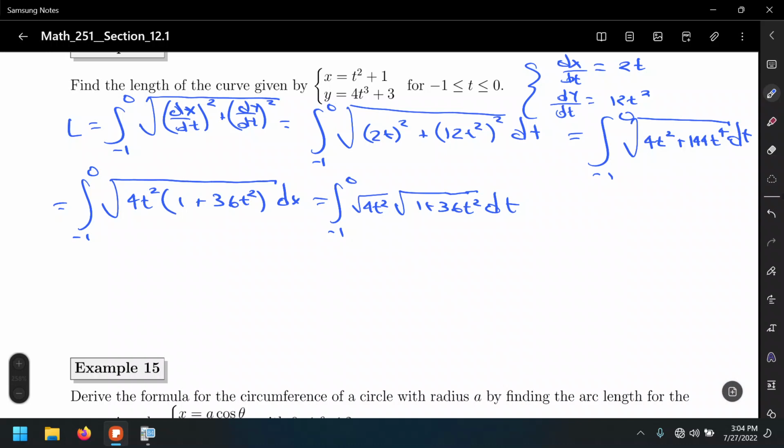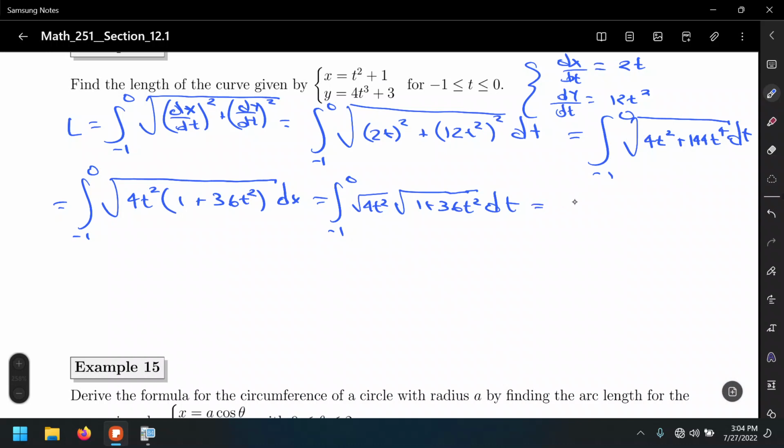Because that can be either positive or negative, and be careful on this one because notice also the interval that we're integrating at. So we're integrating over a negative set of numbers from -1 to 0. So in this case, number 1, that's the integral from -1 to 0 of the absolute value of 2t times the square root of 1 plus 36 t squared dt.